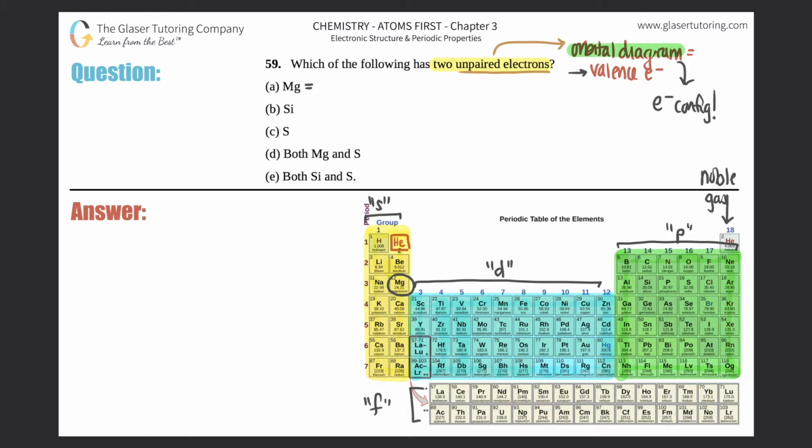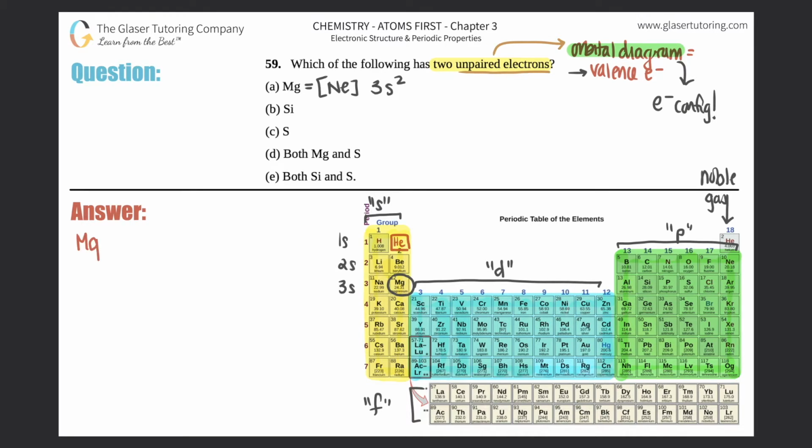The noble gas before magnesium would be neon, so I can put neon in brackets. And then I just pick it up from there. I start with this period. So it goes 1s, 2s, and this would be the 3s. So this would be 3s2, because I have to pass both boxes. That would be magnesium's configuration.